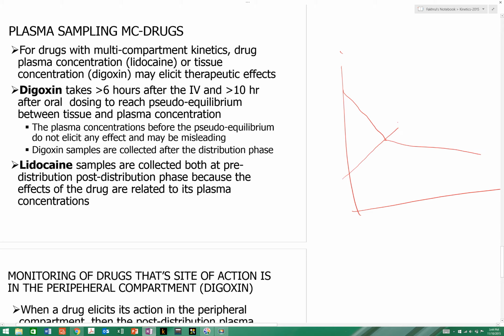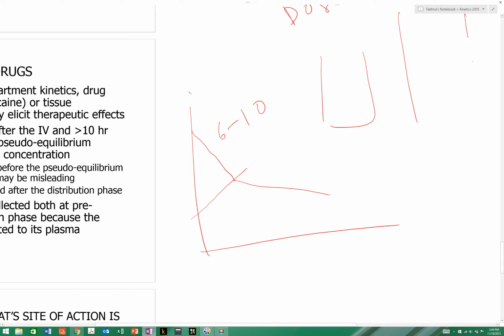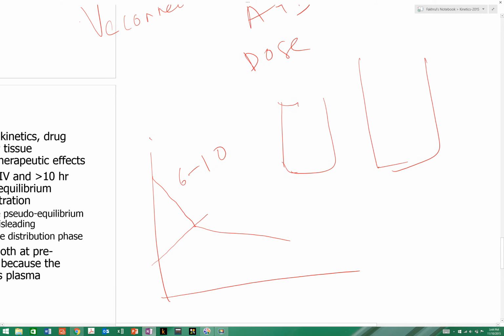Digoxin takes about 6 to 10 hours to come to equilibrium. So if you take a sample during this time period, that means, you know, in our figure we are showing small and large compartments, as these are hypothetical compartments. So think about the drug action being in this compartment.